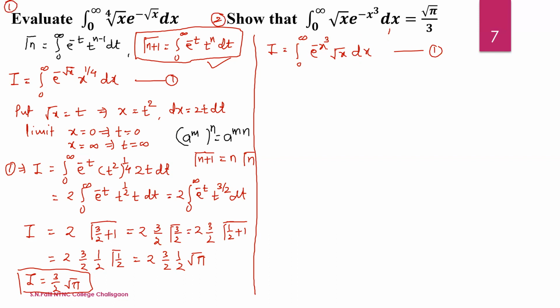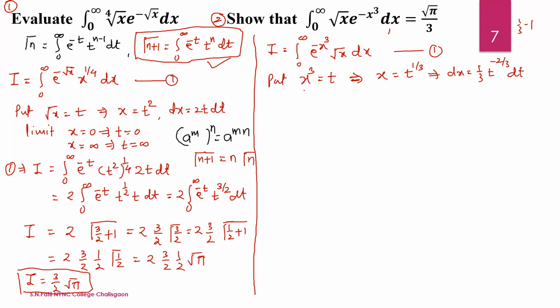Okay. Now we want the linear variable in the exponential, so we use substitution. Put x cubed is equal to t. Now we identify x for calculating dx. Taking the 1/3 power on both sides, x is equal to t raised to 1/3. Therefore, the differential dx is equal to 1/3 t raised to 1/3 minus 1, that is minus 2/3, dt.